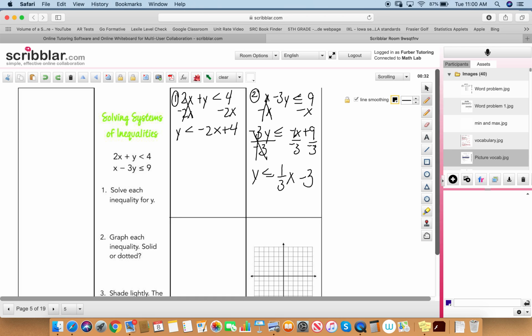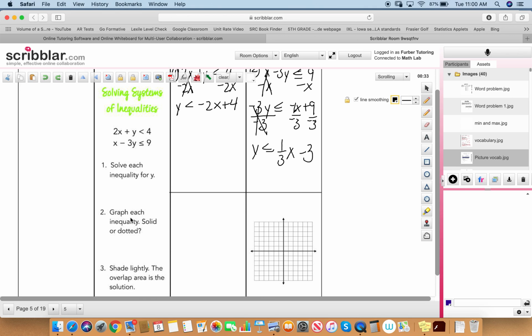And so from here, I just need to graph each one of these lines and figure out where the shading is going to go. So if I graph the first one, it has a y-intercept of 4, so I'm going to go down here to the graph. It says graph each inequality, solid or dotted. So positive 4 would be here.